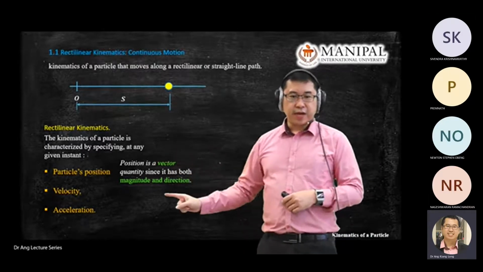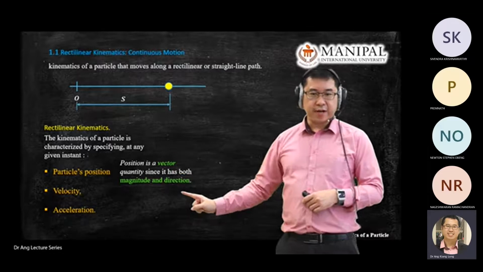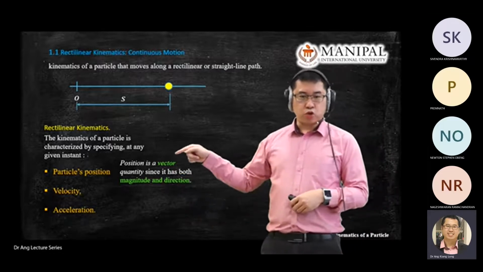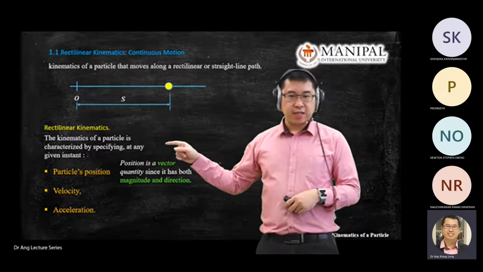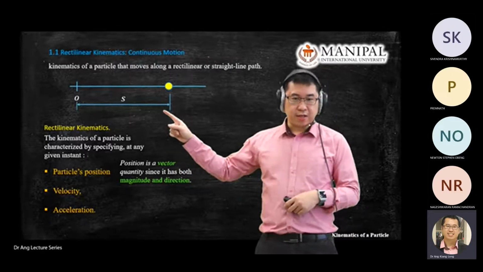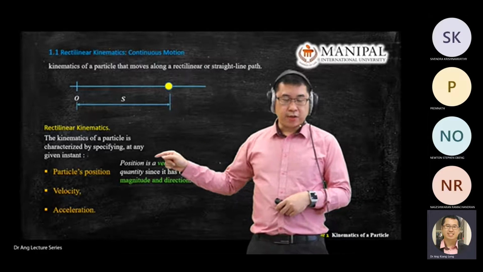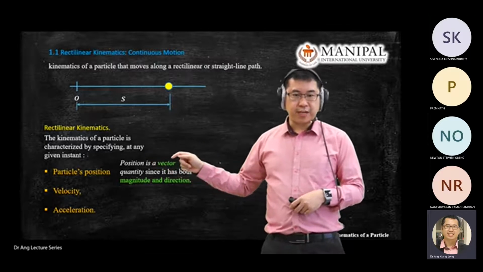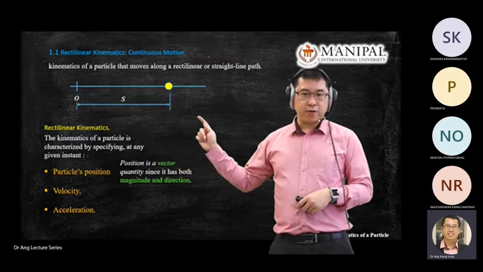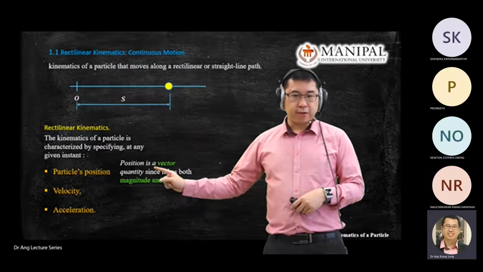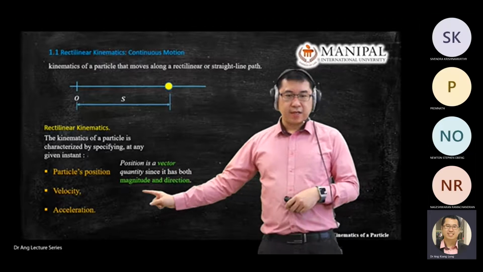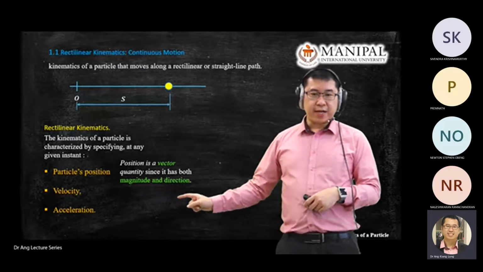You can describe a position with a vector where you use an arrow, and the length of the arrow will define the position, right?